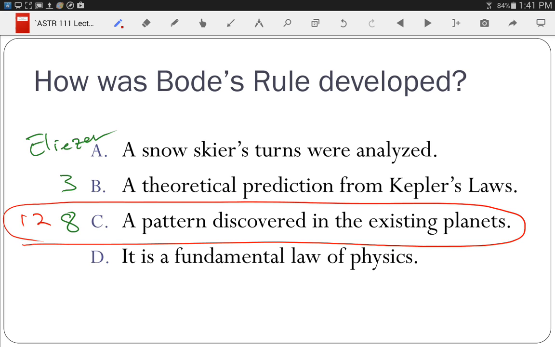Balmer had an equation that gave the exact wavelengths for those lines, and that was like Bode's law. It wasn't based on scientific ideas, it was a pattern that he found. But then through further exploration, Planck was able to explain why Balmer's equation was correct.